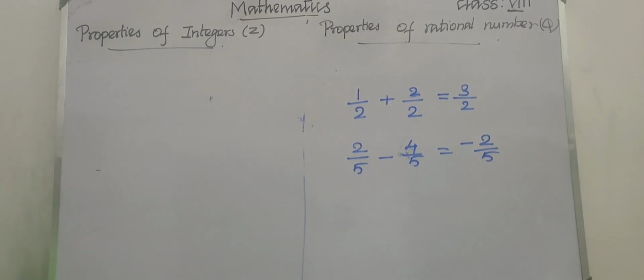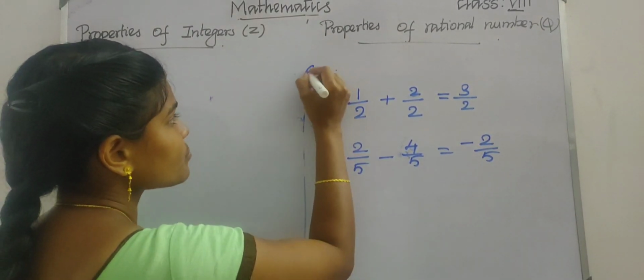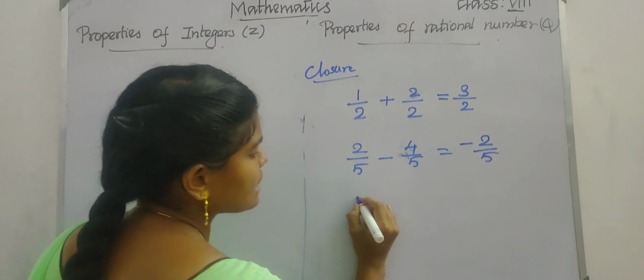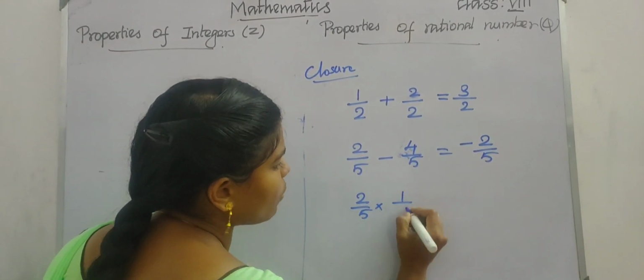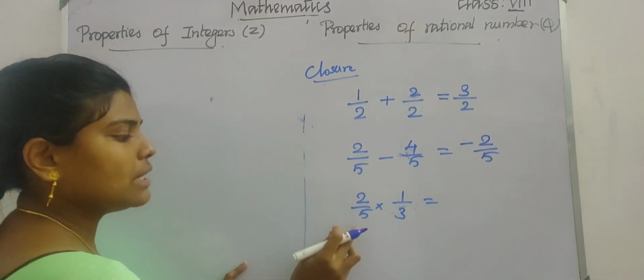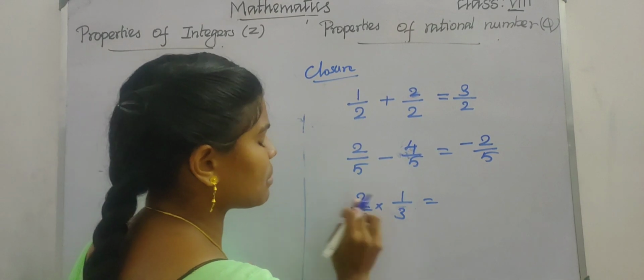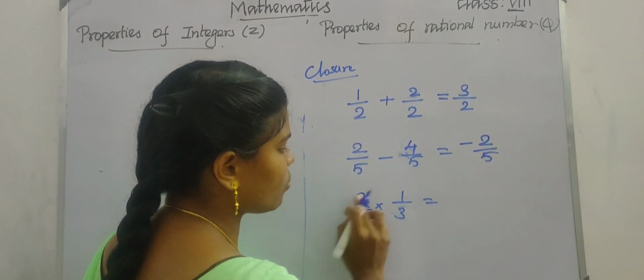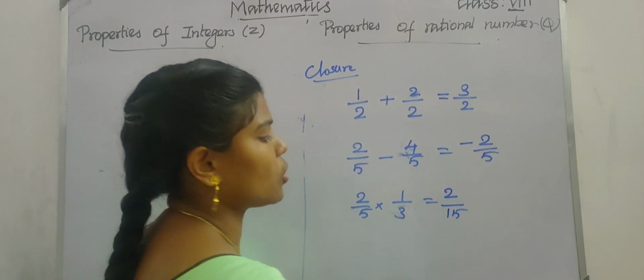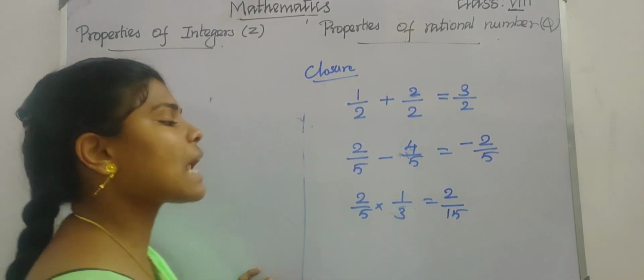And then multiplication. Simply, if we are having 2 upon 5 into 1 upon 3, what will you get? Both are rational numbers. While we are multiplying these two, 1 into 2 is 2 and 5 into 3 is 15. It is also closed because we got a rational number.